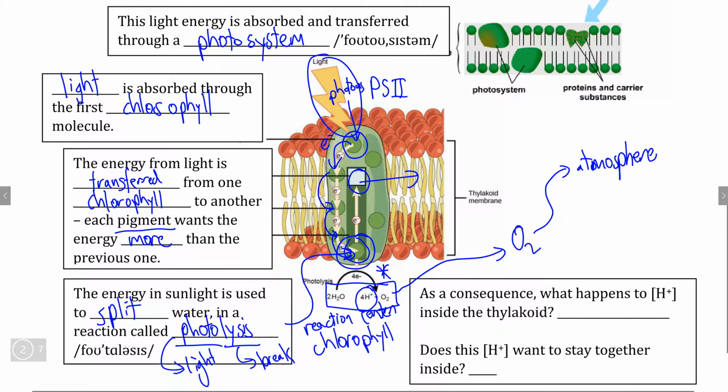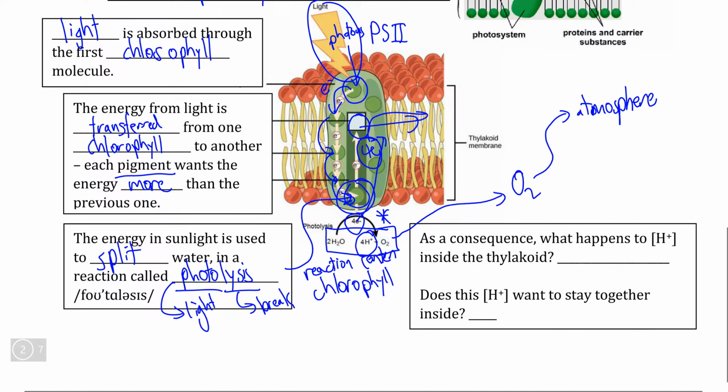Now, the other thing that we are doing here is that when the H+ ions are broken off of water and when oxygen gas is formed, we are also liberating a larger number of electrons, and those electrons in turn are funneled into a true electron transport chain in the thylakoid membrane that is used to drive all of the subsequent reactions of photosynthesis. But what we want to focus on is right here.